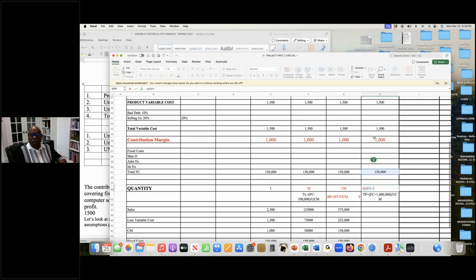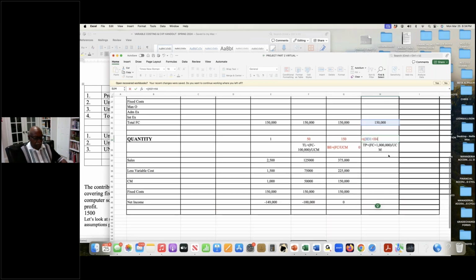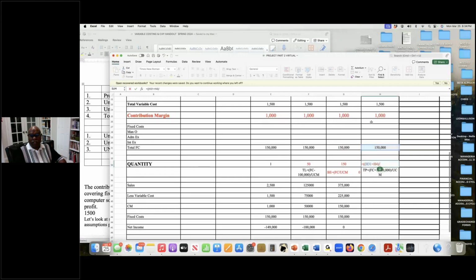I'm going to go up here and click on the $1 million. And I'm going to put a slash in here, and I'm going to go up here and click on this contribution margin, close that parentheses. It's 1,150.